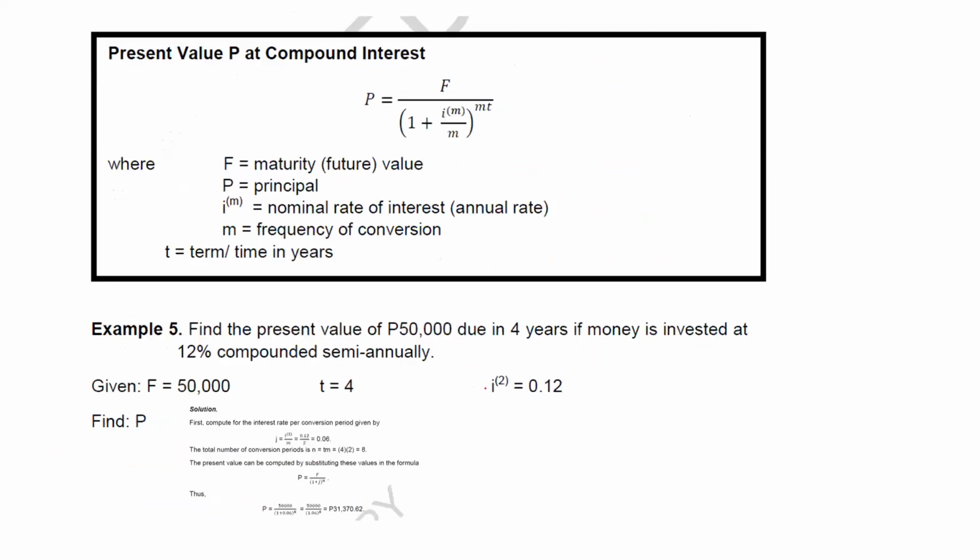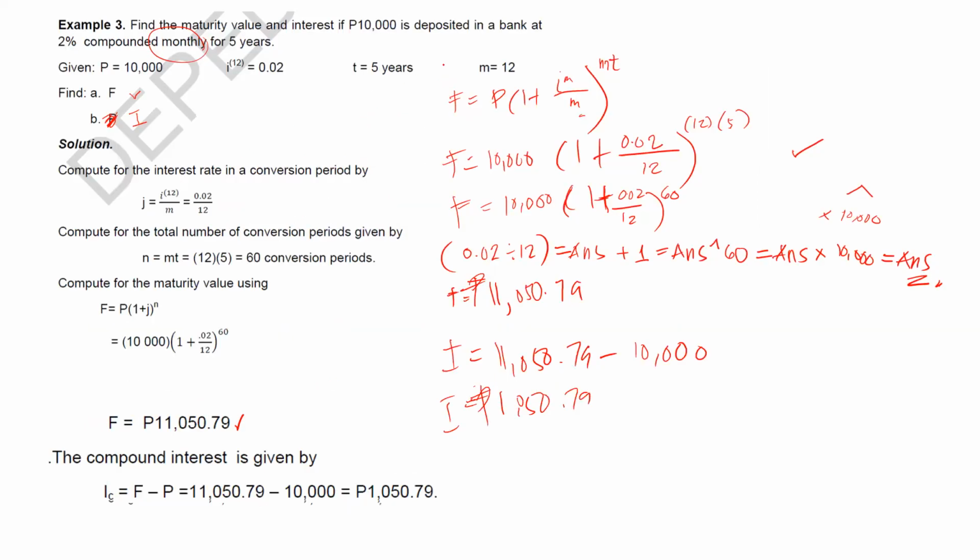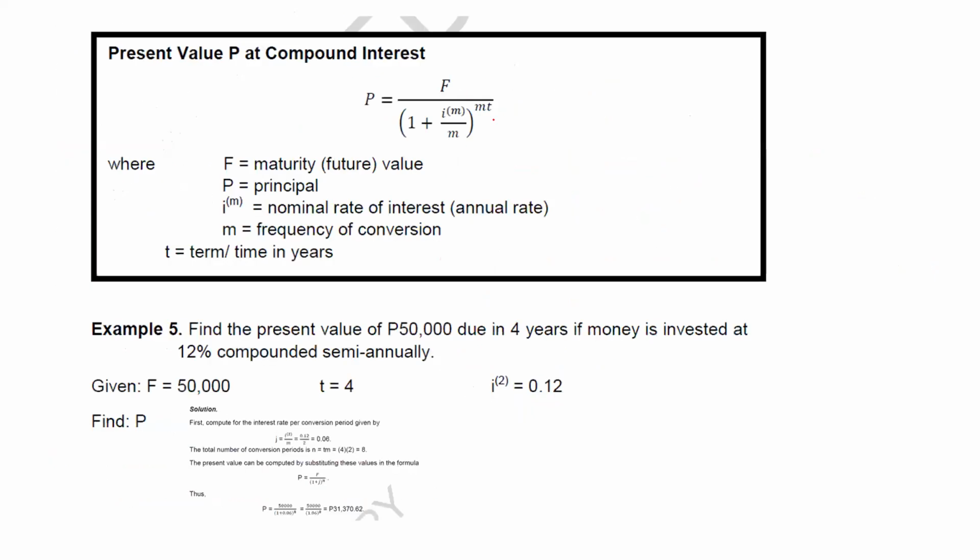Next. Okay. Present value. Ang tigahanap na digdi is the principal value. Ali man lang siya digdi. Ayan, ali siya digdi sa original. Ang formula baga, F is equal to P times 1 plus I over M, raised to MT. Ina-derive yan ali digdi.